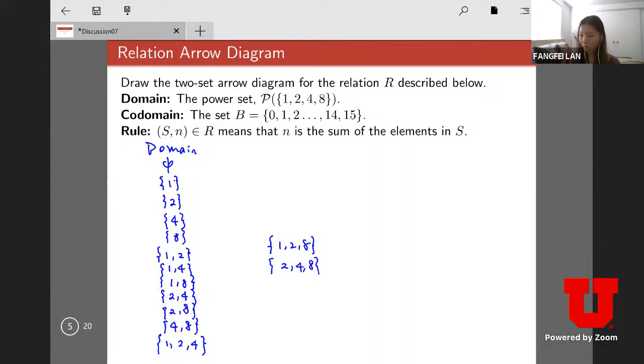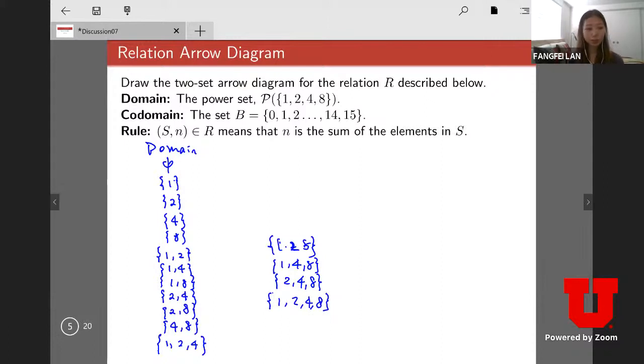Is that all of them? No, there's one more, actually. {1, 2, 8}, {1, 4, 8}, {2, 4, 8}. Okay, and then the last one: {1, 2, 4, 8}.